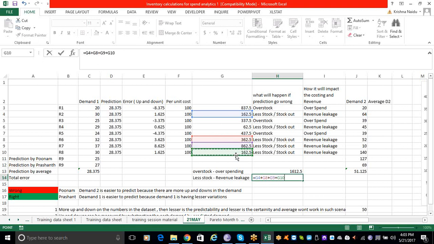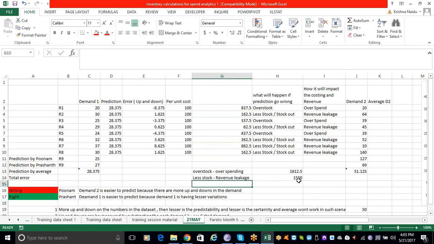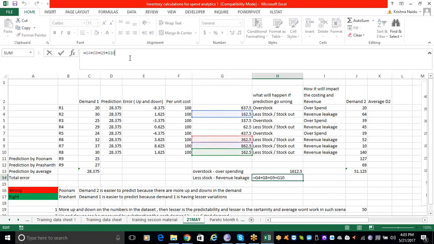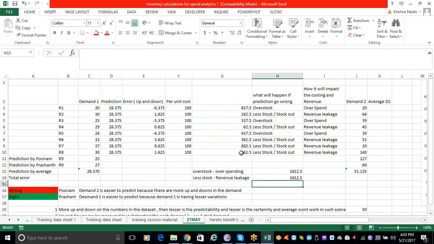Four scenarios, and this is coming to around 1612. I missed anything? Let's do once again: G6 plus G8 plus G9 plus G10. So this is also coming to 1612. It's very strange, they're coming out the same.